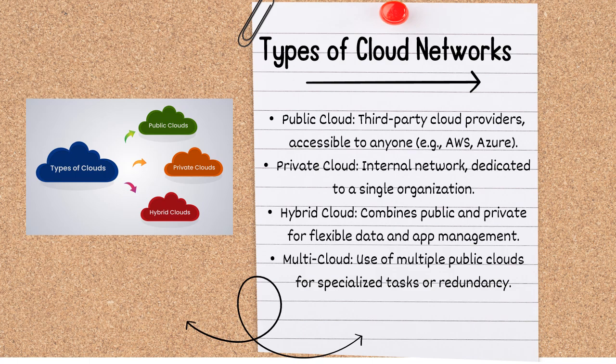And the last one is multi-cloud, the use of multiple clouds for specialized tasks or redundancy. In hybrid cloud we combine only two clouds, public and private, but in multi-cloud we can combine multiple types of clouds according to our needs, tasks and redundancies.